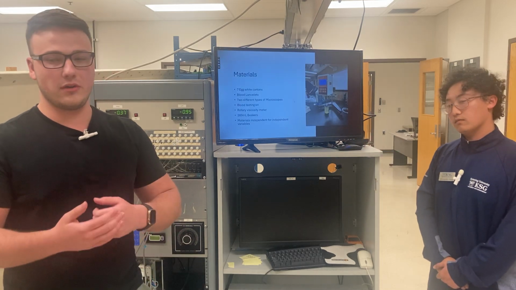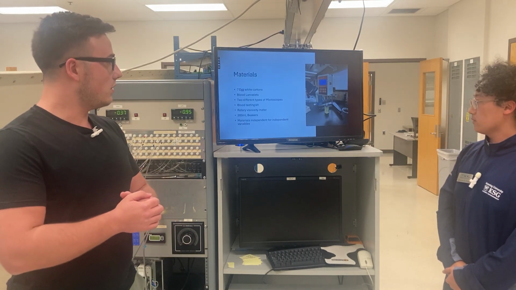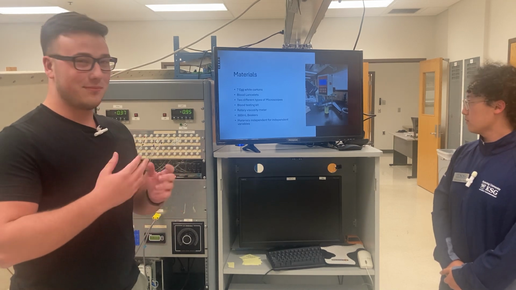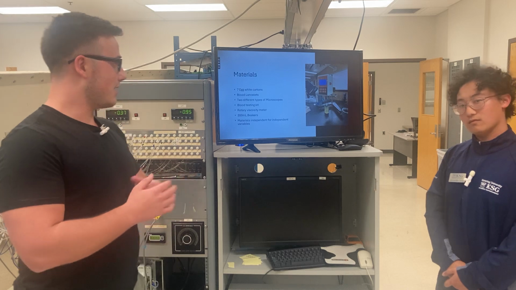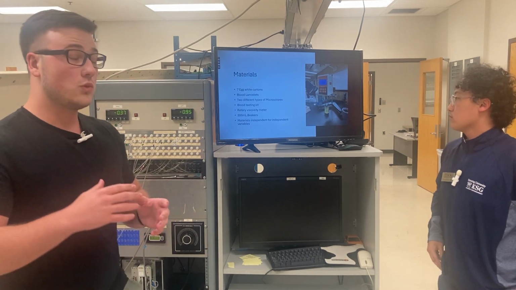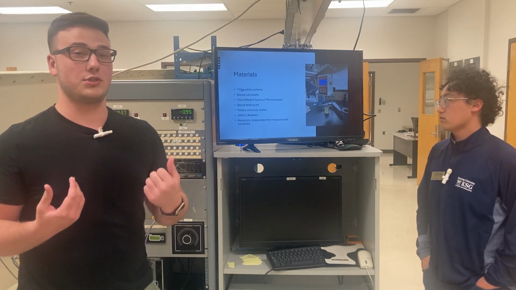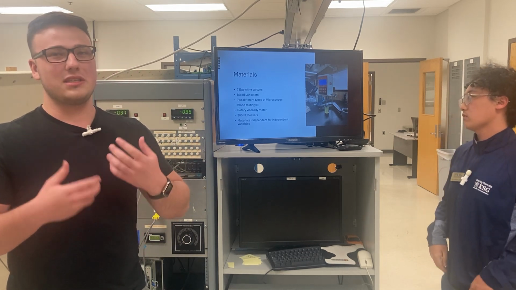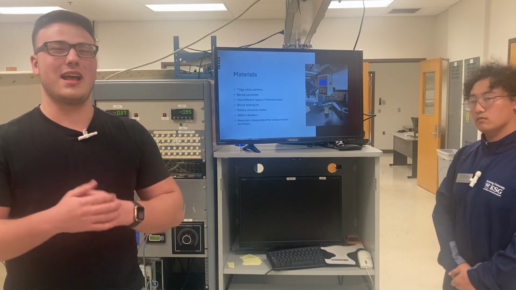Now to get into the materials a little bit. Our materials ended up being around 7 egg white cartons, which is a lot, some blood lancets, and 2 different types of microscopes. The reason we have 2 different types of microscopes is that we had access to the biology lab, but not full access, due to the lab tech and our bio professor not having enough time.